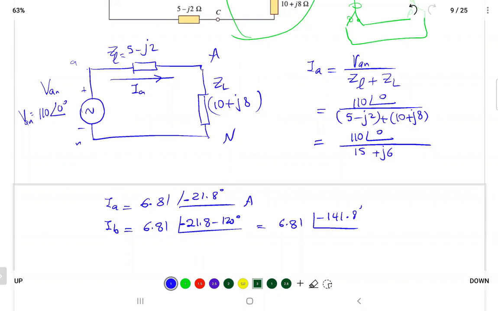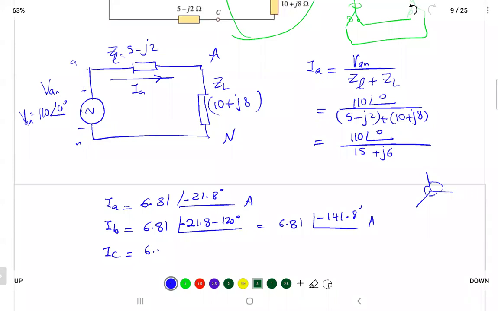You want to find IC. You have two choices. You can subtract 120 from IB, or you add 120, because when you look at the angle, minus 120, minus 240, or you can plus 120. So you have the two choices. Let me continue and keep it the same. I will subtract 120 from each phase to be systematic.